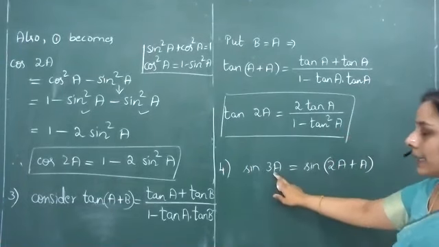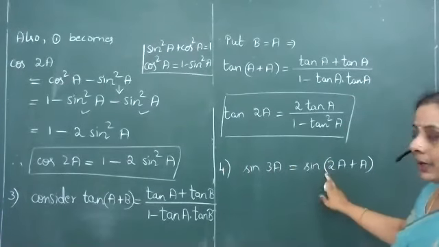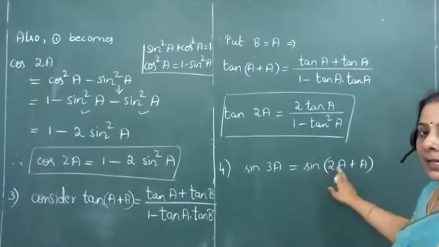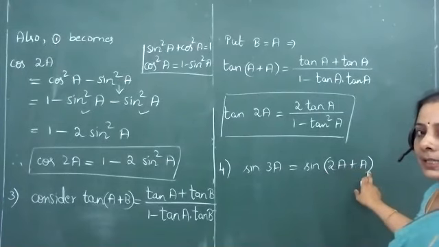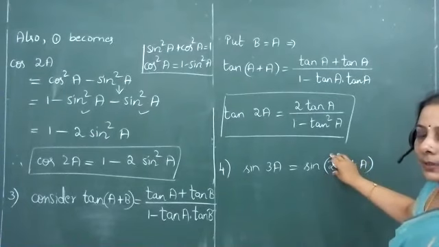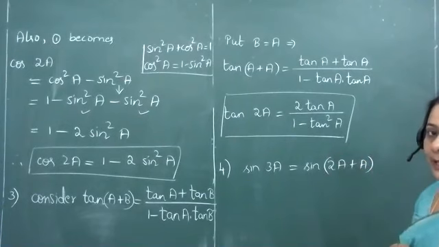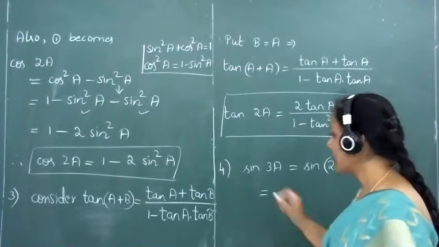The angle 3a will be split as 2a plus a. And now the RHS is reduced to sin of a plus b form. So we shall expand the RHS using sin of a plus b compound angle formula. You could consider a equal to 2a, b equal to angle a, or vice versa. It is going to remain the same.